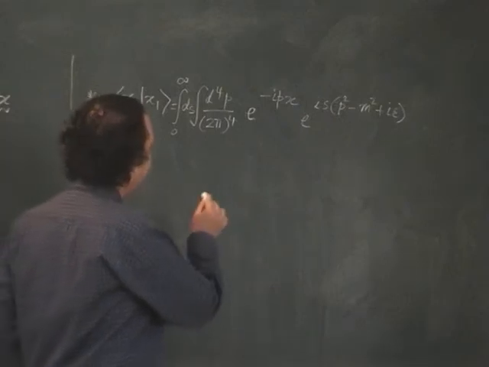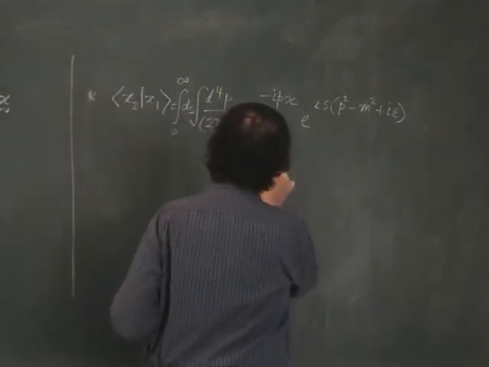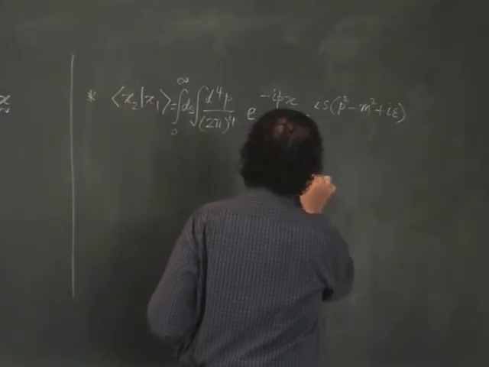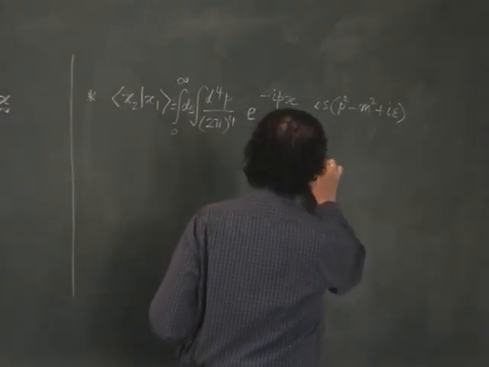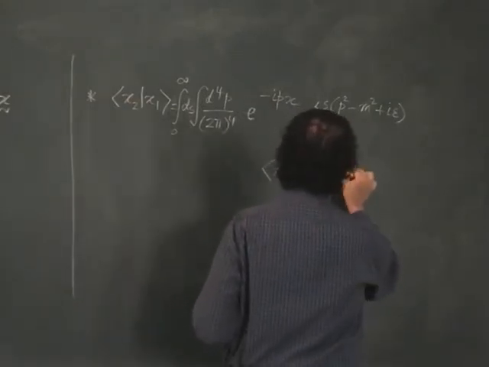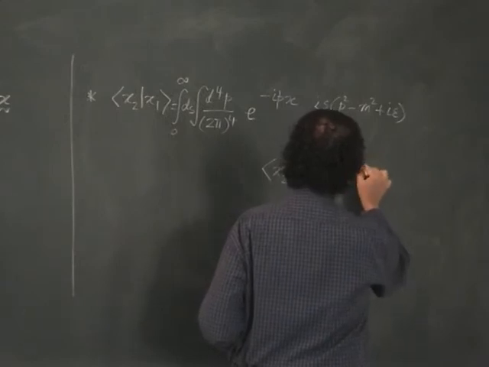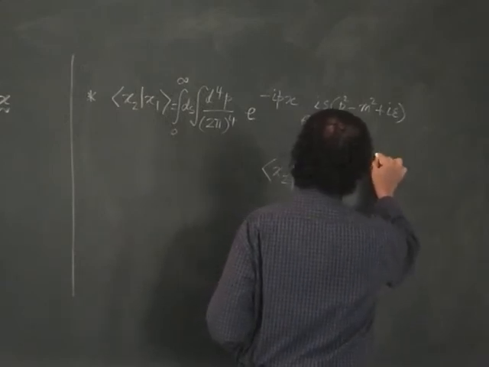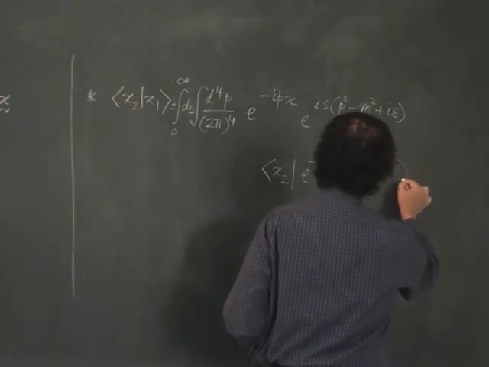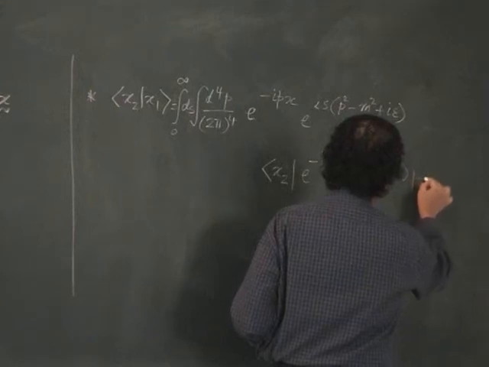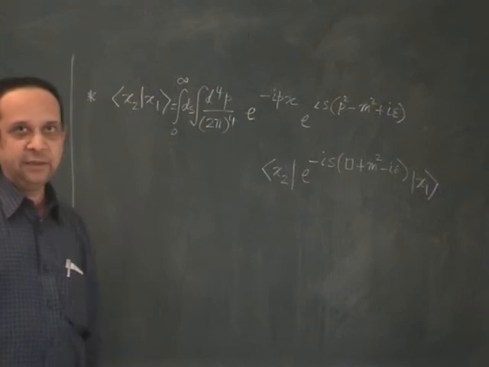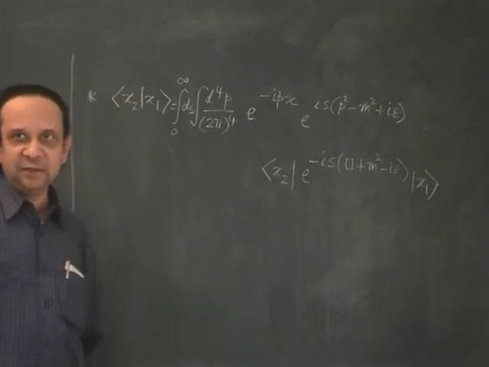So suppose I look at the following expression. Take x2 e to the minus i s box plus m square minus i epsilon x1. Just consider this expression and suppose I want to evaluate this expression.